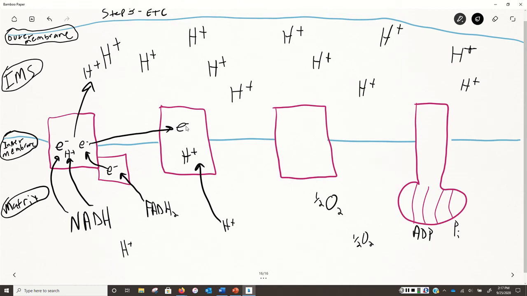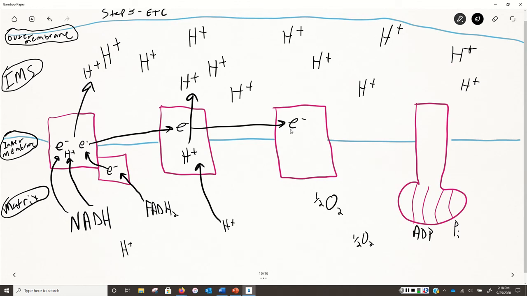Now, when there is an electron in this second protein, the third protein down here is going to notice it, and well, the third protein likes electrons even more than the second protein does. So he's going to take it. And the same thing happens here. Once the electron's no longer there, the proton is going to get kicked upward into the intermembrane space.